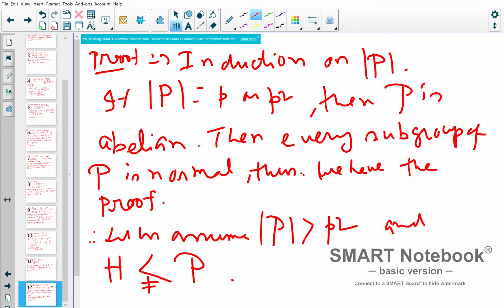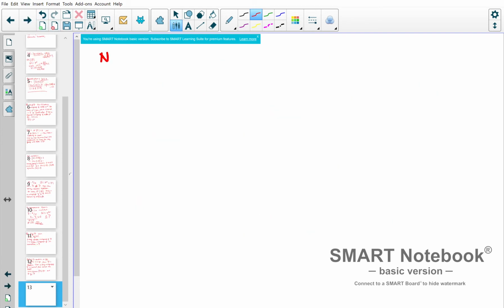Now see, what does the center do? The center of this group commutes with every element, right? So the center normalizes every subgroup of P. That means the center of P is sitting inside the normalizer of H in P. Why?